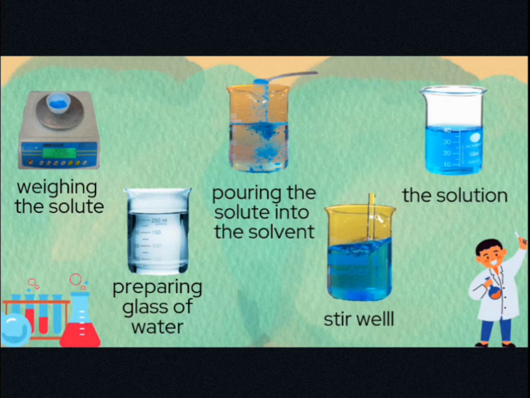The first one is weighing the solute. Second is preparing a glass of water. Third is pouring the solute into the solvent. Fourth, stir well. Fifth, here it is, the perfectly blended solution.